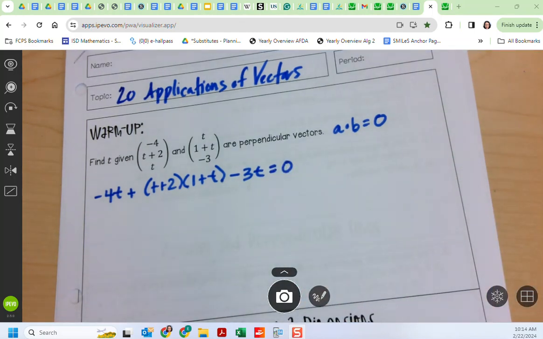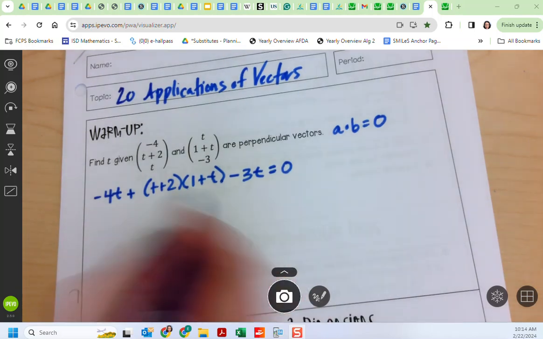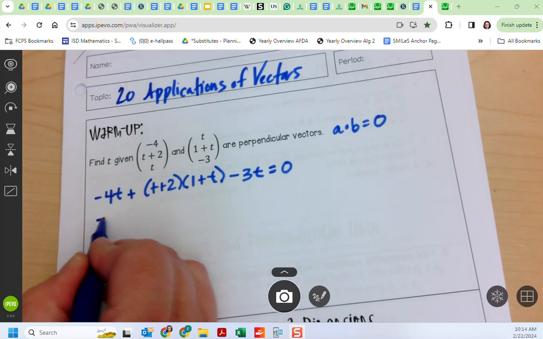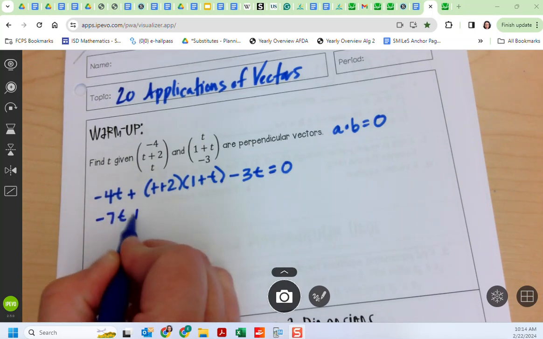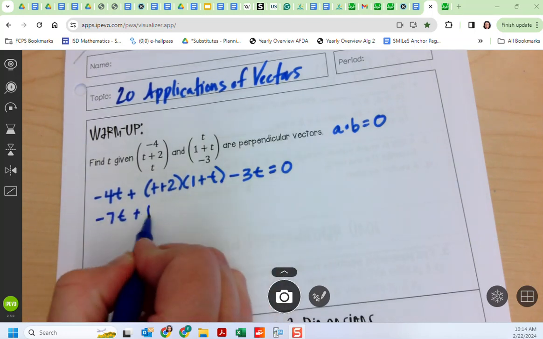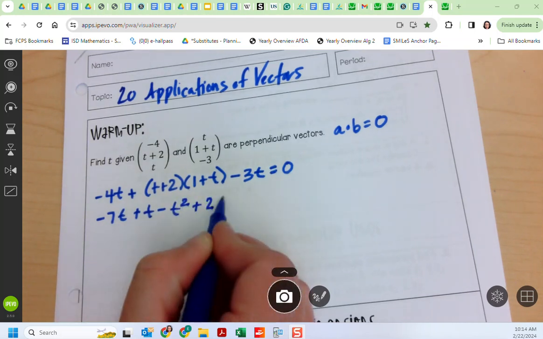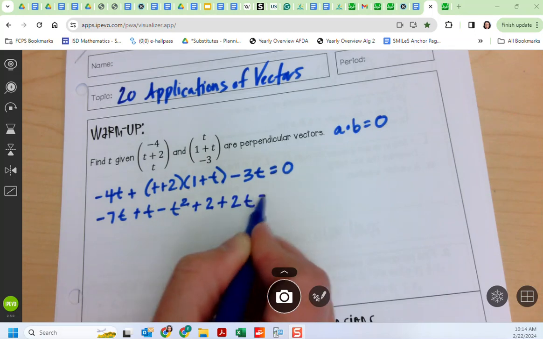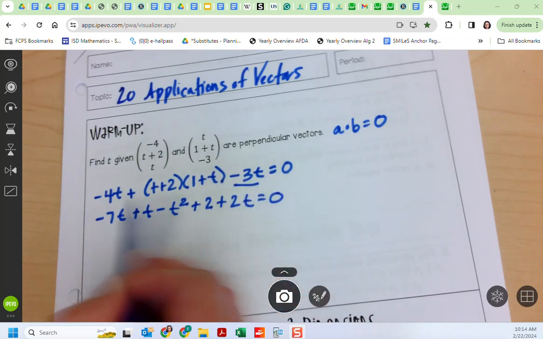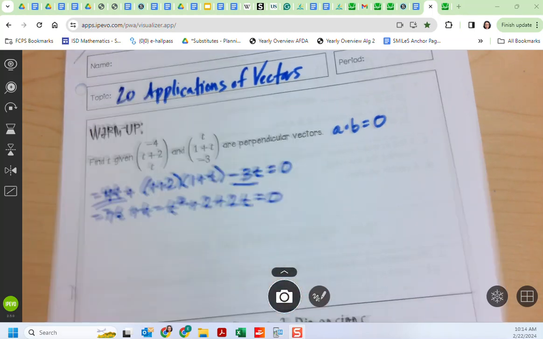So we're going to just simplify until we have a nice quadratic equation. So I can combine those two to make negative 7t. And I get t minus t squared plus 2 plus 2t. So I combined these two to make negative 7t, and then I multiplied those out.